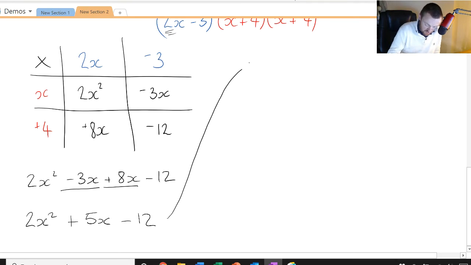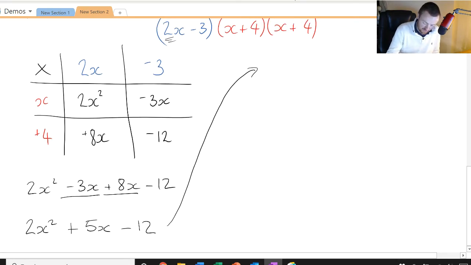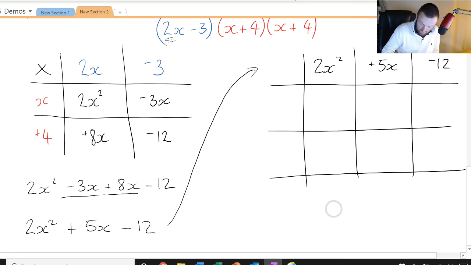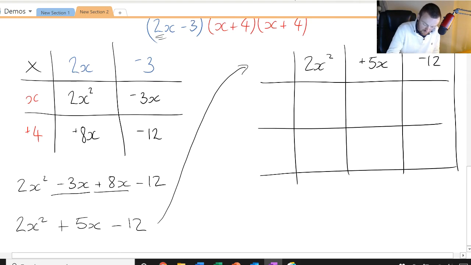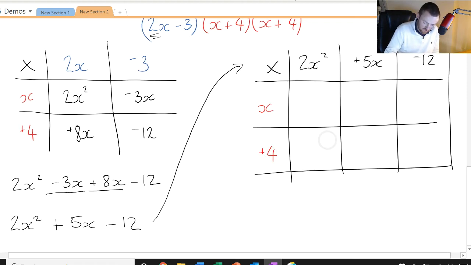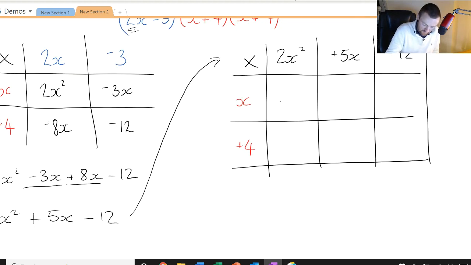Now we're going to use that answer and multiply it by the third and final bracket. So I've got 2x squared plus 5x negative 12. And I'm going to multiply that by the final bracket I haven't used yet, which is x plus 4. So 2x squared times x gives you 2x cubed.